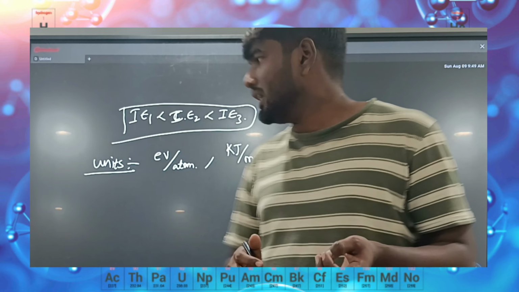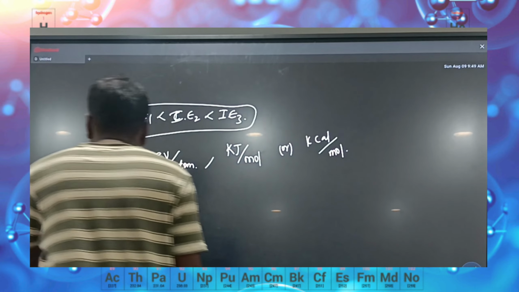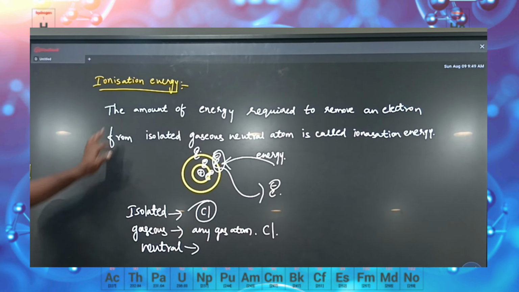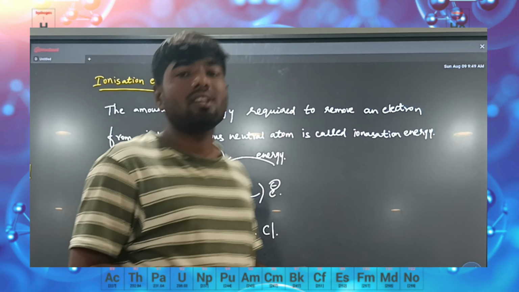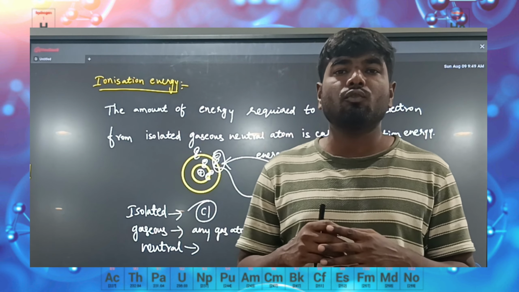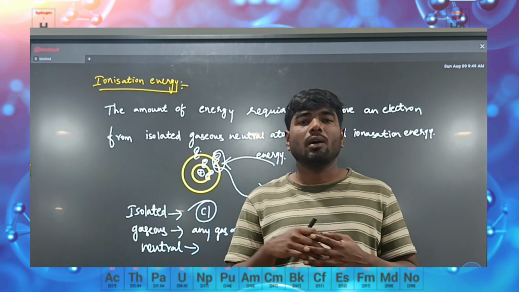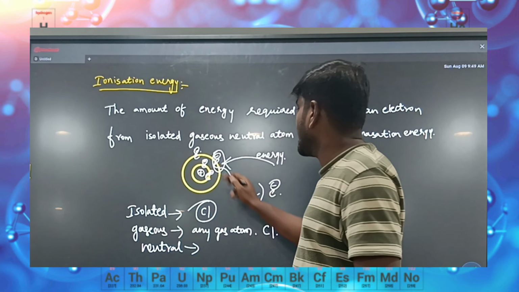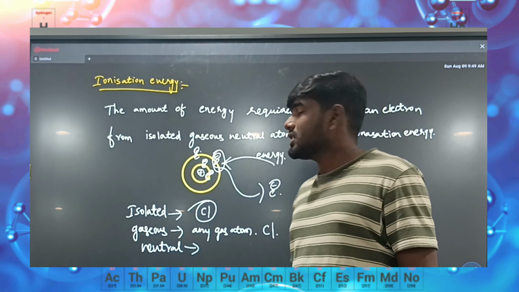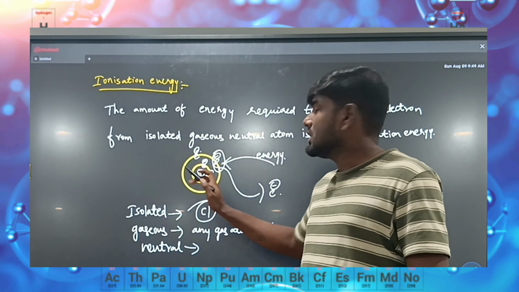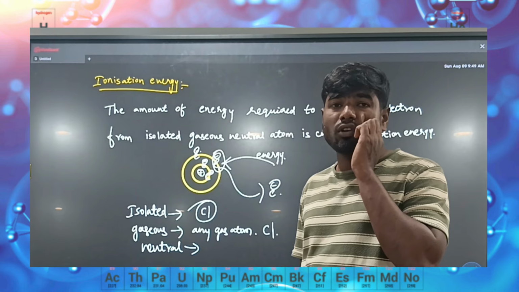So this is about ionization energy. What we discussed here, we will revise again. Ionization energy means the amount of energy required to remove an electron from the outermost shell of an isolated neutral atom. Here we have taken one atom, it has two shells. The last one is the outermost shell. The attraction between the nucleus and the outermost shell will be less.